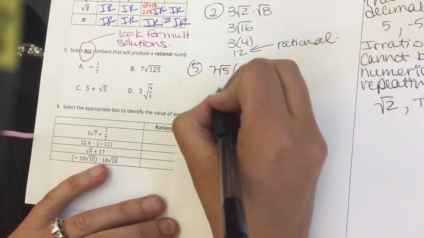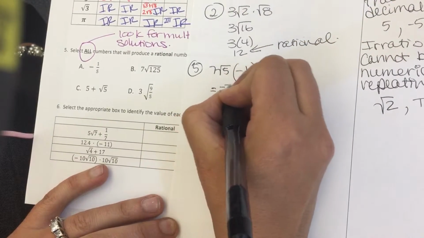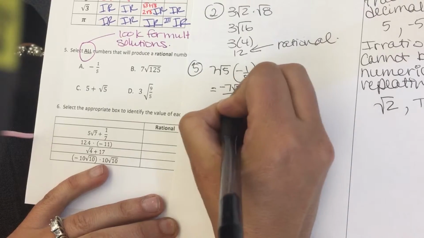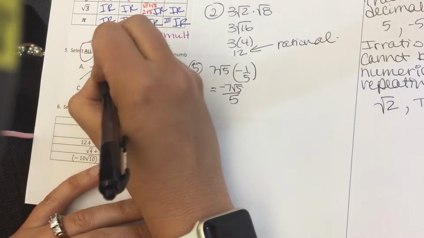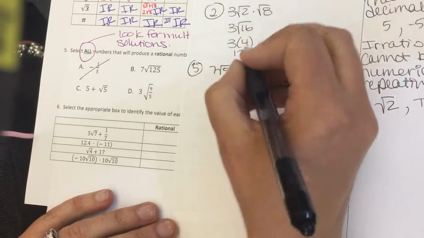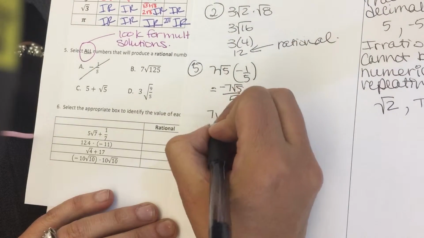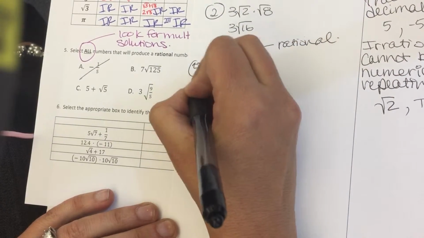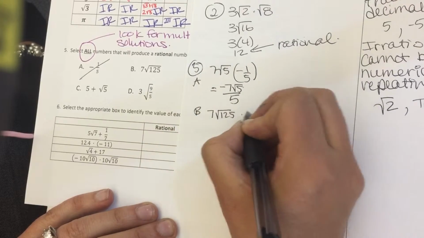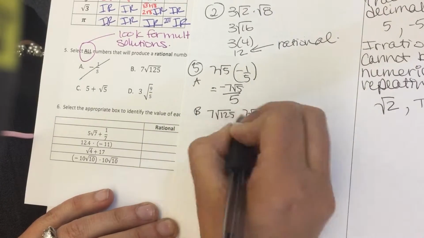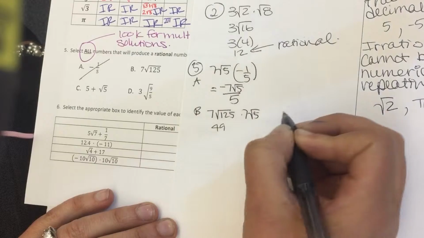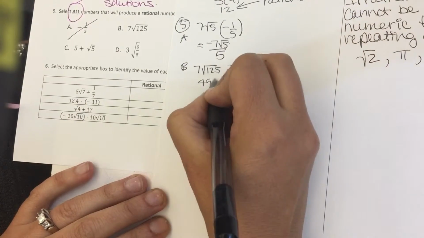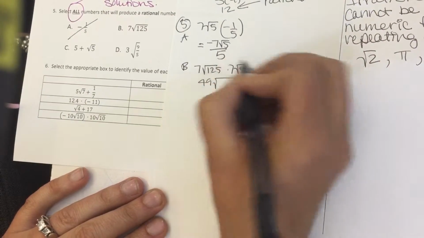This one would end up being -7 root 5 over 5. That's irrational, and I want rational. Here I have 7 root 125 times 7 root 5. That'd be 49 times... this one I like shrinking down.